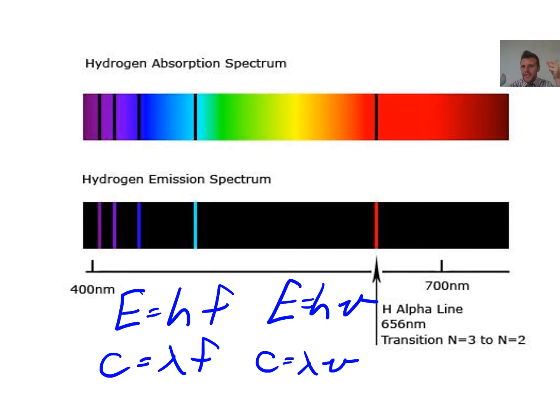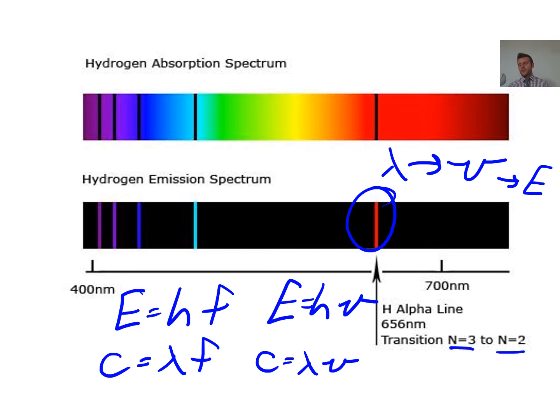It's the idea that this wavelength of light can then be used to determine the frequency of that light, which can then be used to determine the energy between 2 to 3. How much energy is needed to move an electron from energy level 2 to 3, and then that corresponds to the visible spectrum. We can actually see this color.